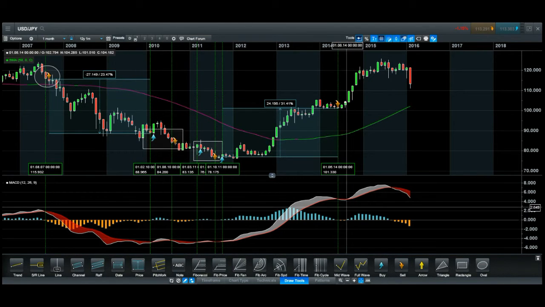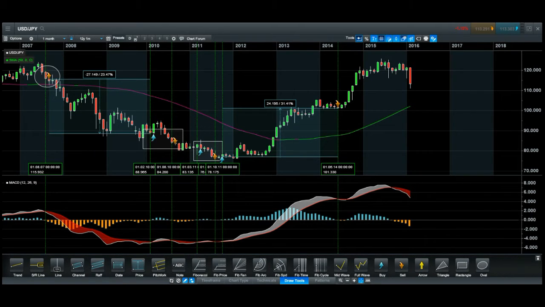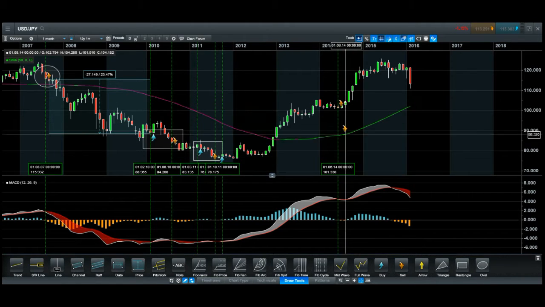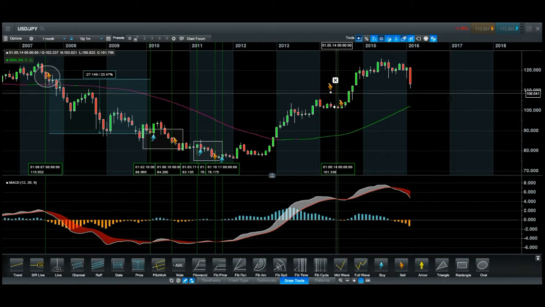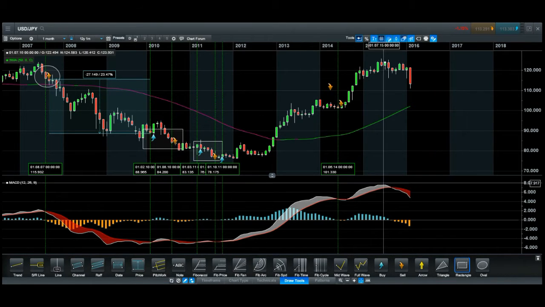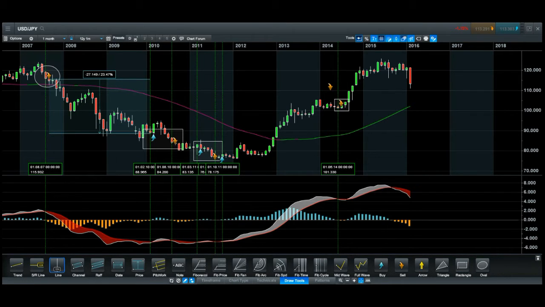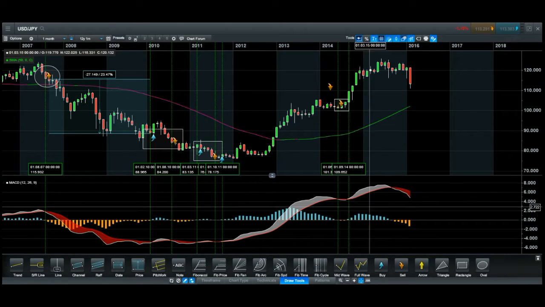All right, and here the indication is to sell. But if you follow it and sell, then you make a loss. So here is another loss. But then here is another indication of up.